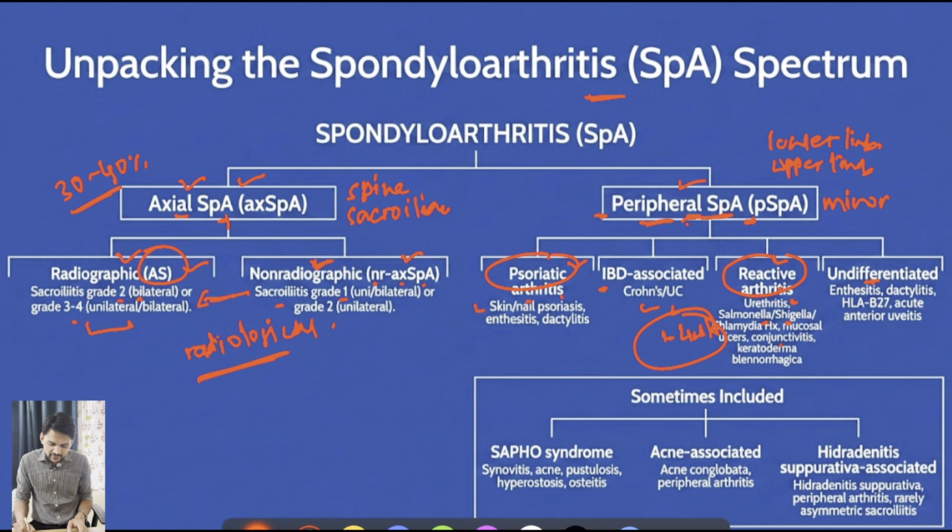Sometimes this spectrum will also include SAPHO syndrome, that is synovitis, acne, pustulosis, hyperostosis and osteitis, or it might be arthritis associated with acne or some other skin conditions. That's why whenever we think of spondyloarthritis, always look for those 3 extra-articular tissue involvements, that is skin, nail and intestine.